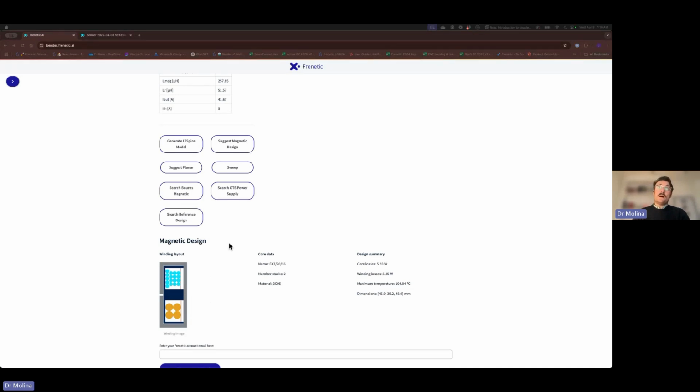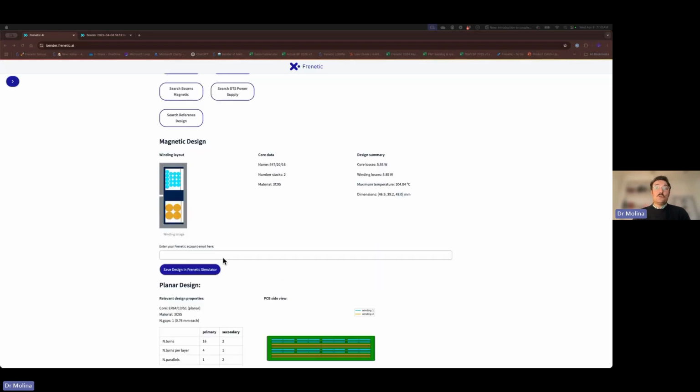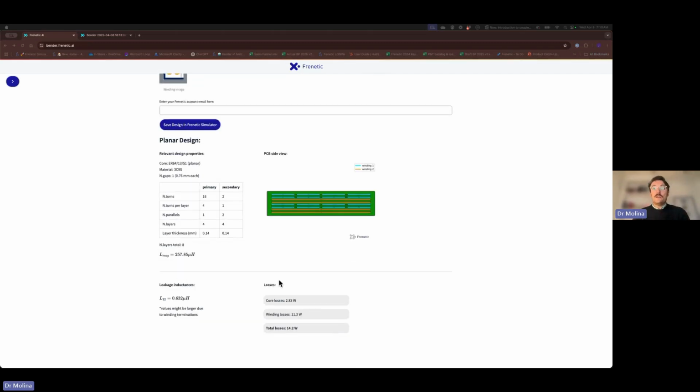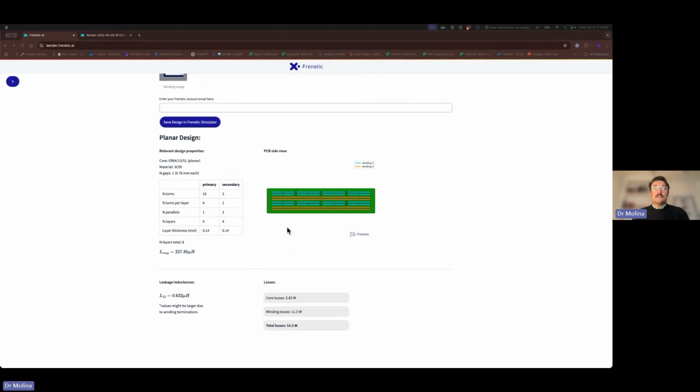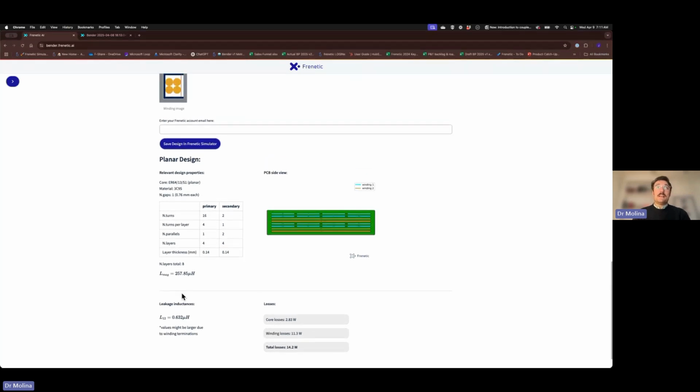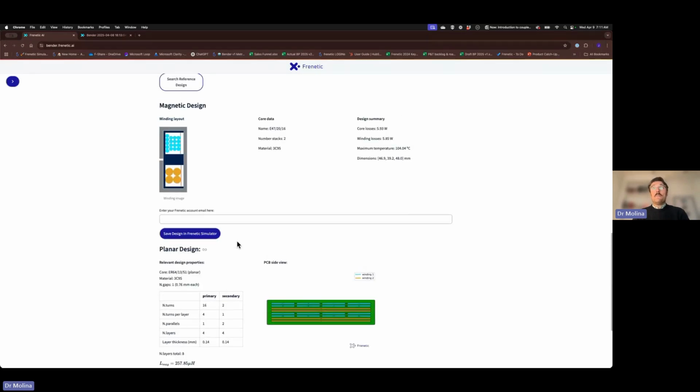If you want to verify what's happening with a planar, you can do it here. You can get a planar case just to verify that it would make sense for your application. In this case, we can see that due to the leakage inductance being very low, we will need an additional inductor for the resonance. So probably the compact solution here is going to be much more relevant.